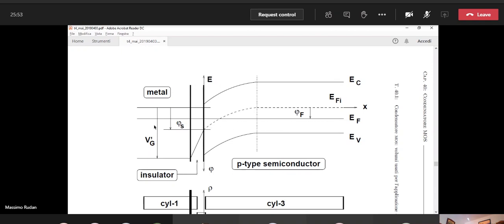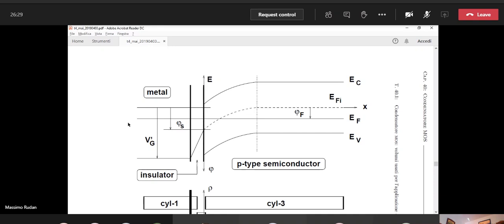Of course, the structure is one-dimensional, so we assume the x-axis is horizontal, normal to the interfaces. And we assume that we are applying a constant voltage between the metal on the left and the metal on the right. The contact on the left is also called the gate contact, as you know very well.